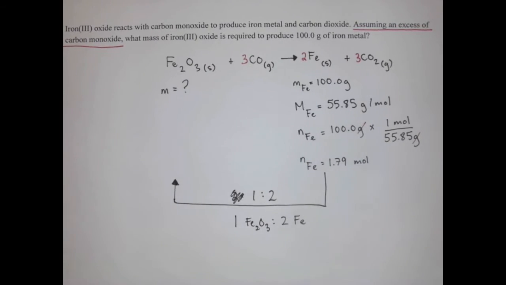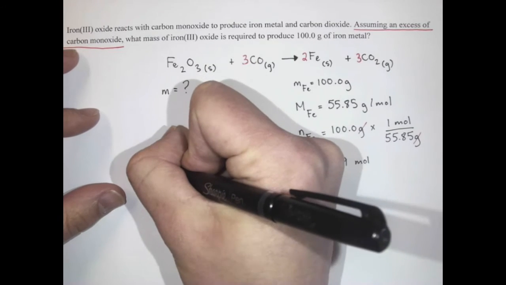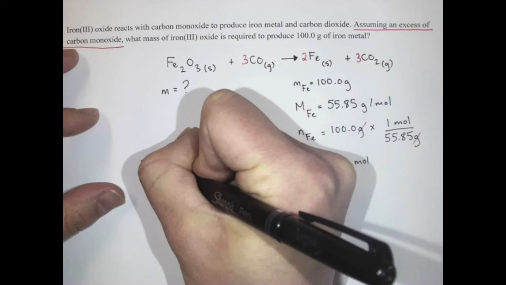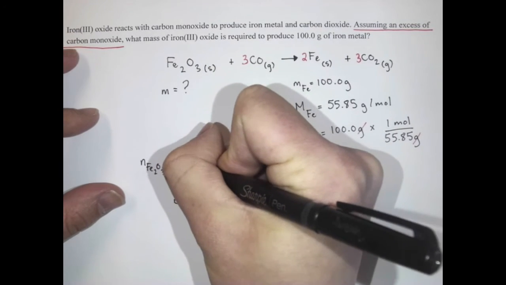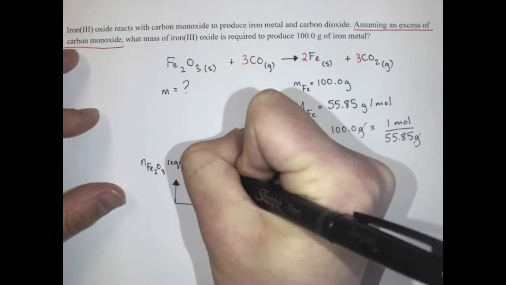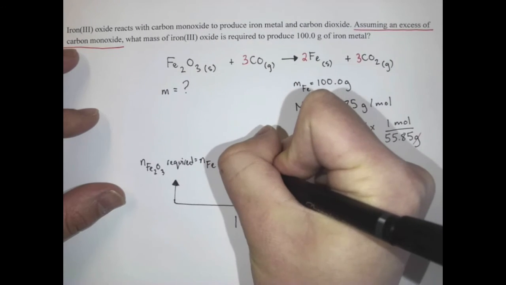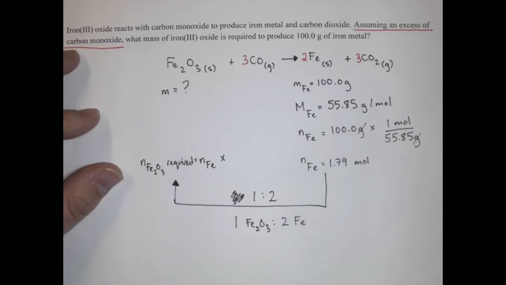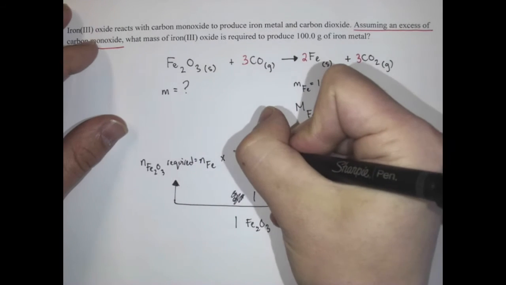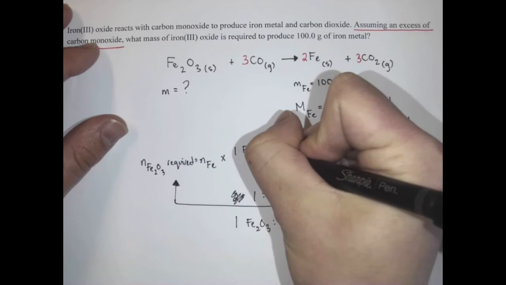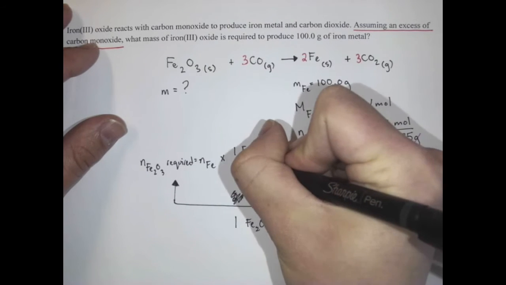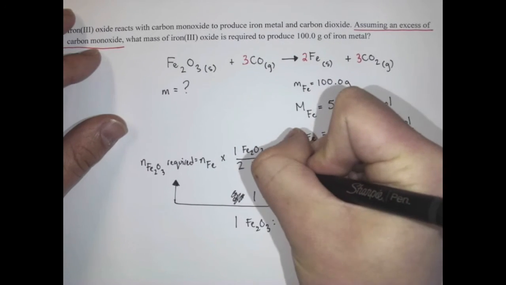All right, so let's figure out how much iron 3 oxide is required. And we take our moles of iron and we multiply it by the mole ratio. And this says we have 1 iron 3 oxide for every 2 moles of iron.